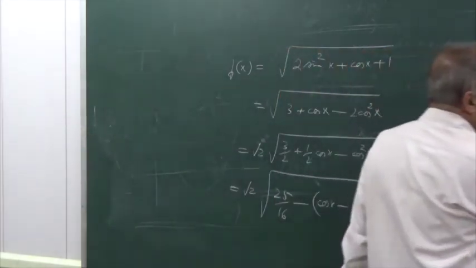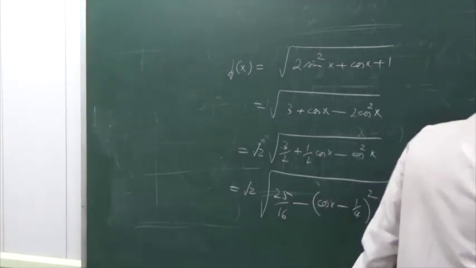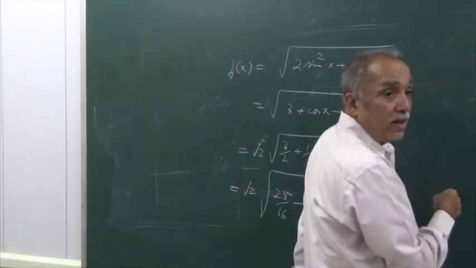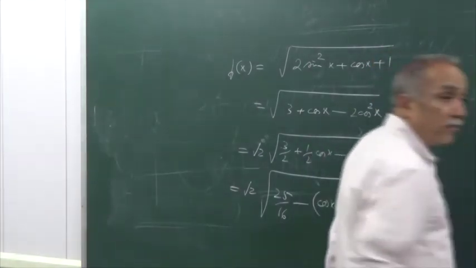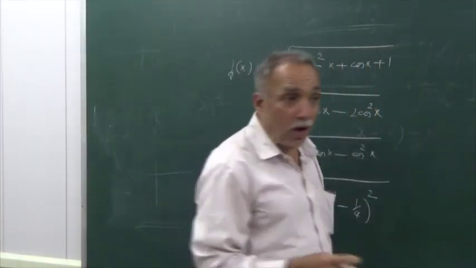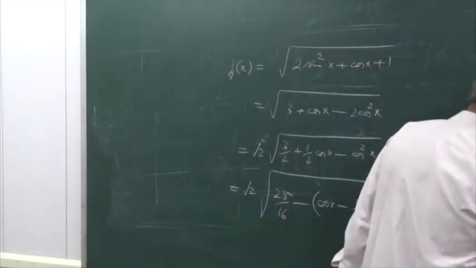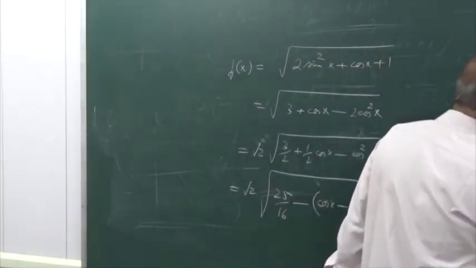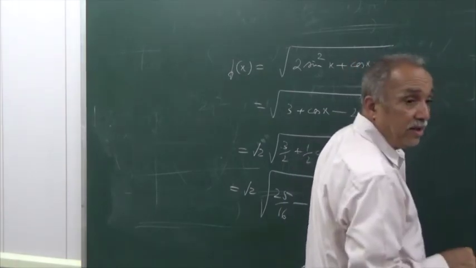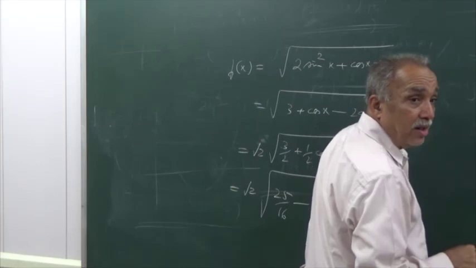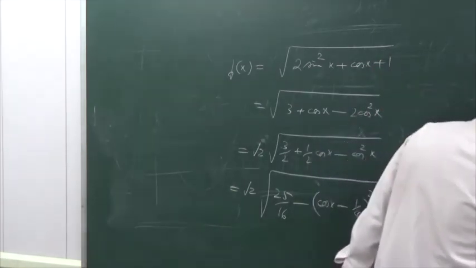cos x minus 1 by 4 must be a number between minus 5 by 4 and plus 5 by 4. For this, I will need cos x to be a number between minus 1 and 3 by 2.